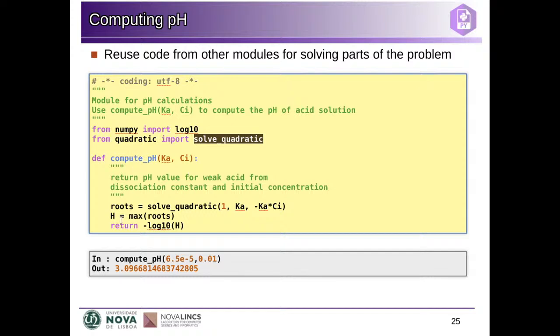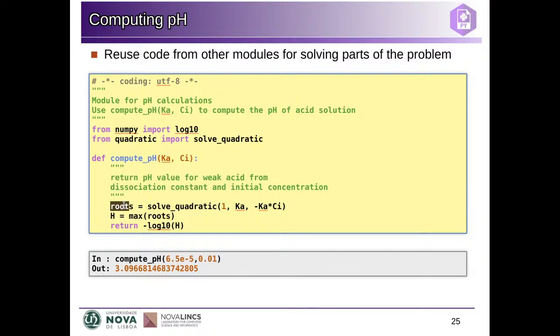And now to compute pH, we just get the roots of the quadratic equation by calling the solve quadratic function with the appropriate arguments. So 1 for x squared, Ka for the x term, and minus Ka multiplied by the initial concentration for the constant. This will return a list with the roots.